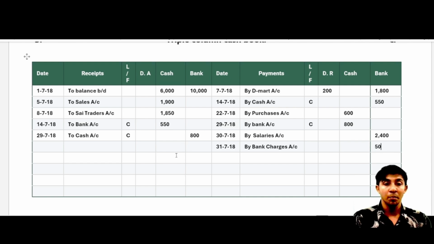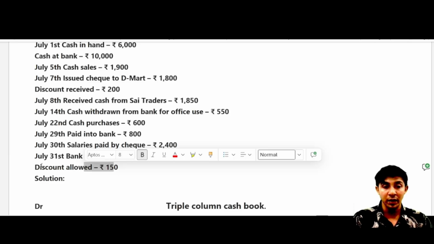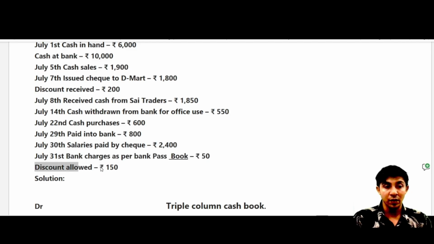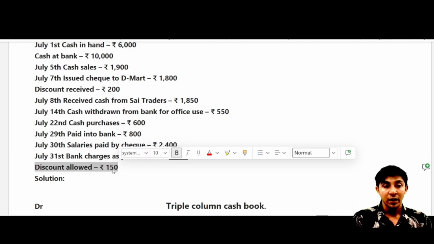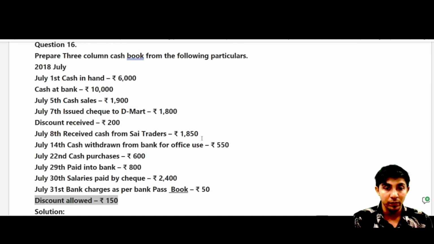Everything is done. But here there's a slight error in our question. What is that error? This 150, that is discount allowed 150, will belong to 8th July.